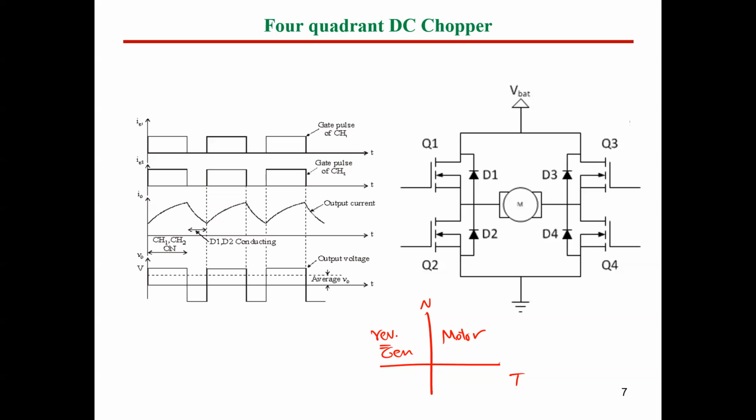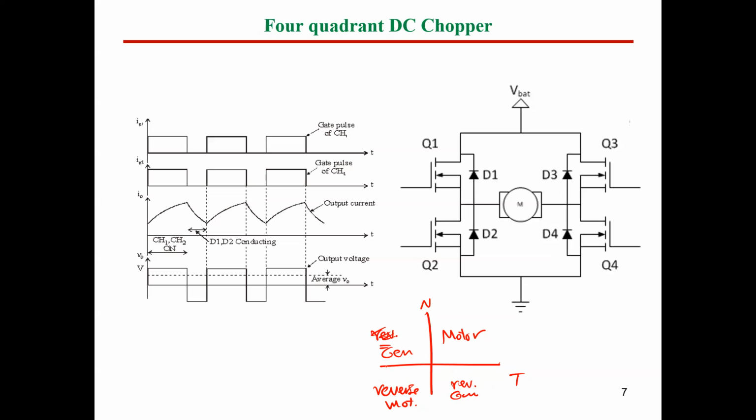Or you can reverse both torque and speed to work as a reverse motor, or you can reverse speed and keep the same torque direction. So this would be like a reverse generator. Let's say this is generator and this is reverse generator. So this is called 4-quadrant.